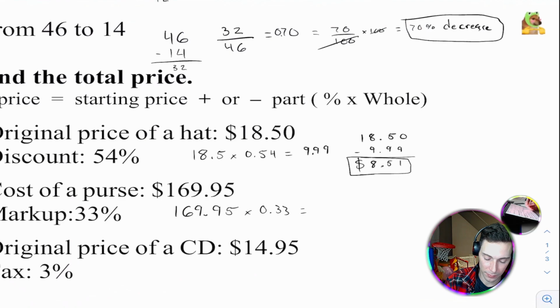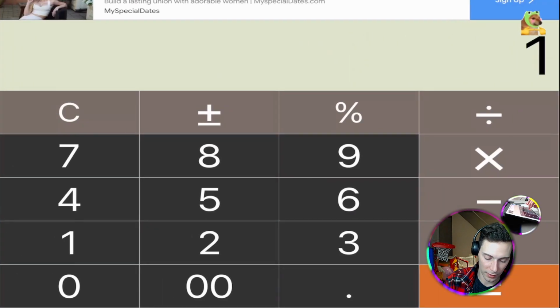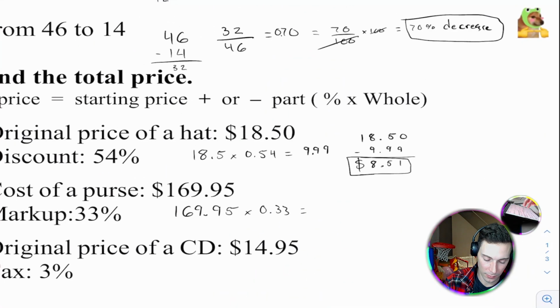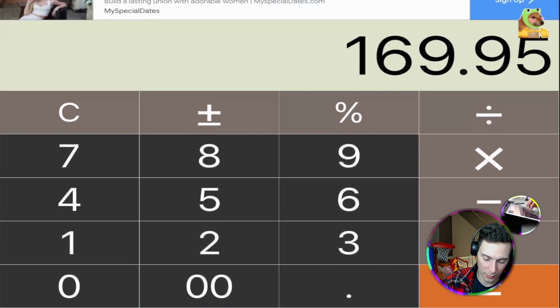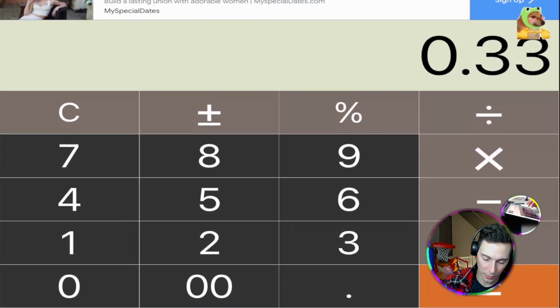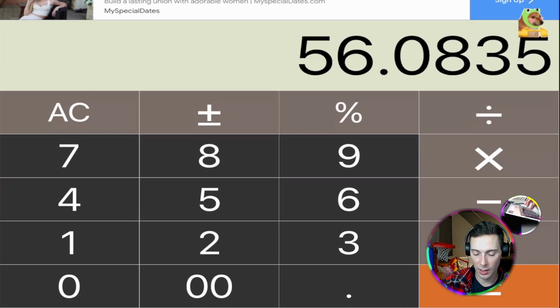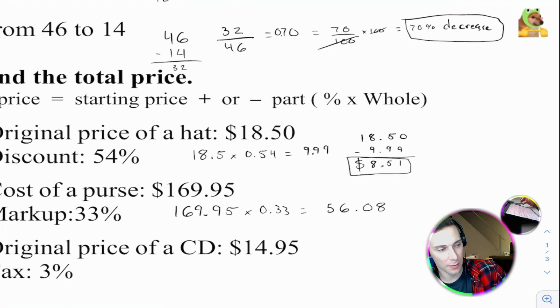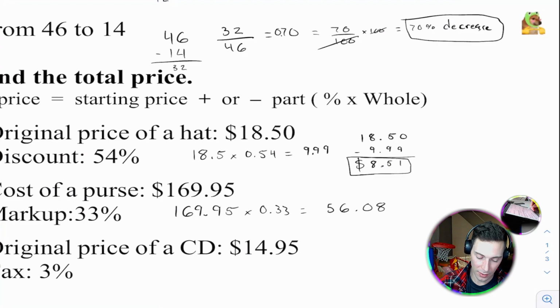That's going to equal 169.95 multiplied by 0.33, 56 and 8 cents. 56.08. I'm only holding to the 8 because it's important, because this is money now. We got to go to the hundredths. So that's the markup cost.